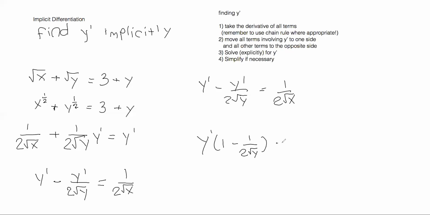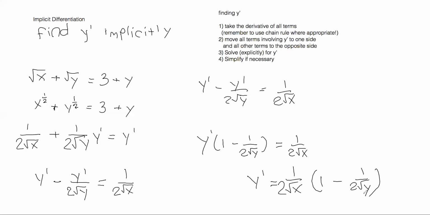And then we have that equals, same thing, 1/2 square root of x. So we want to divide everything by this binomial inside the parentheses. So we're going to divide both sides by this, and we're going to get y prime equals 1/2 root x times 1 minus 1/2 square root of y.